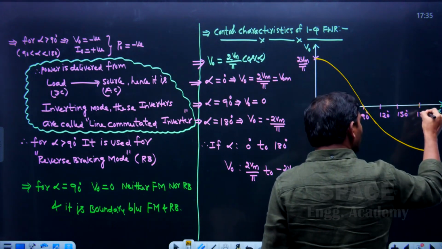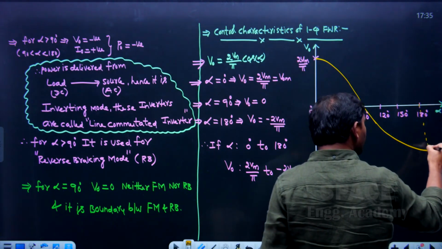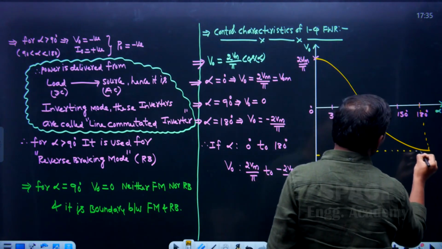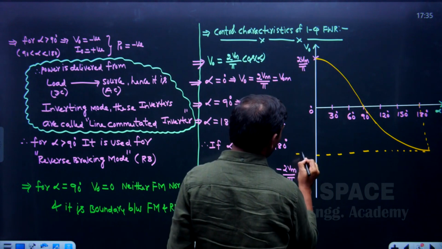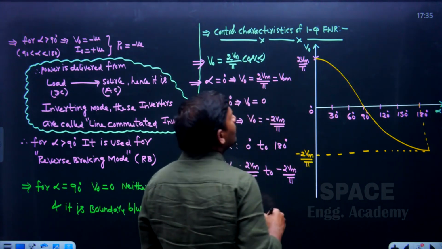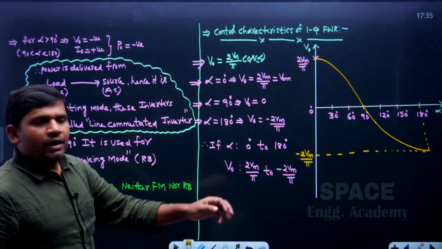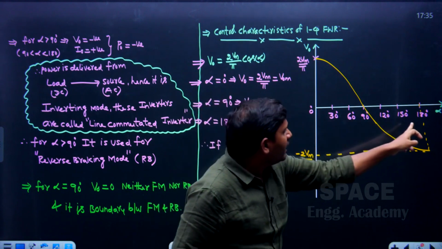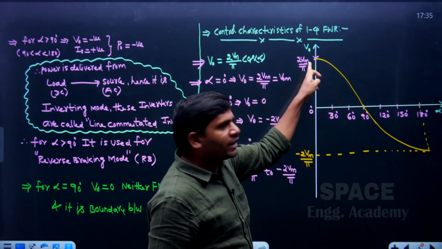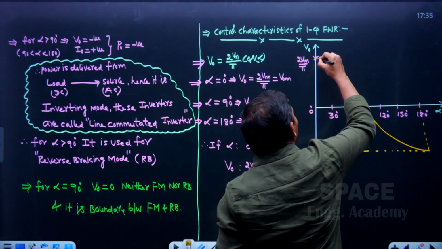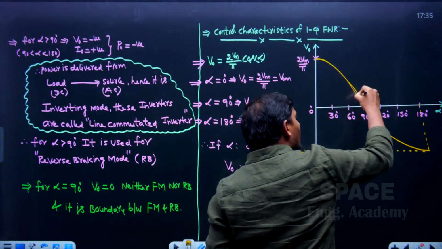This is for alpha equal to 180 degrees, which is minus 2 Vm by pi. Students, if alpha is controlled from 0 to 180 degrees, for alpha equal to 0 degrees it is 2 Vm by pi, and for alpha equal to 180 degrees it is minus 2 Vm by pi.